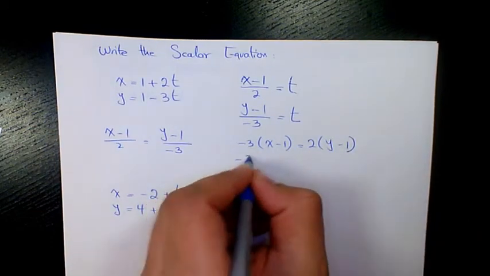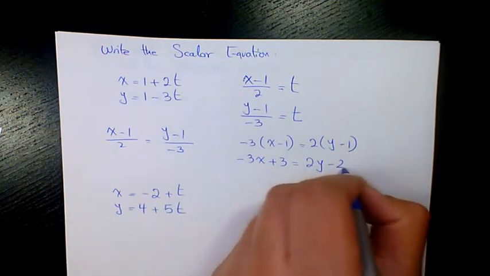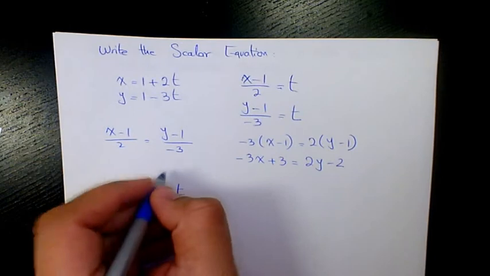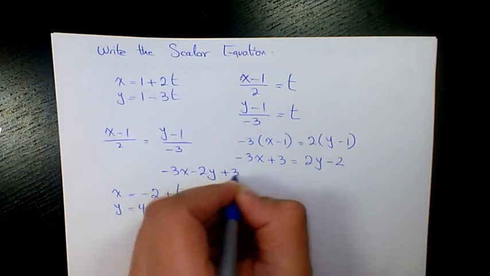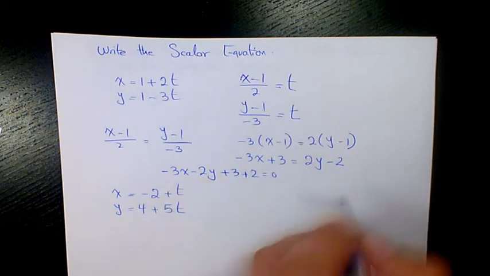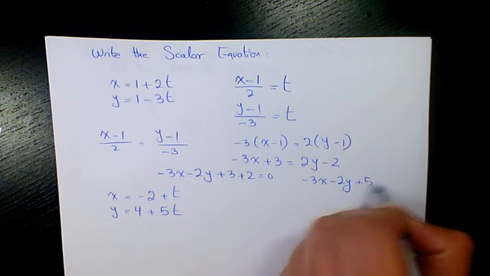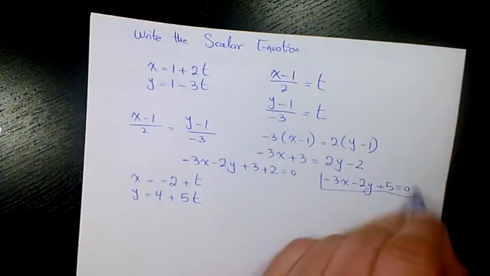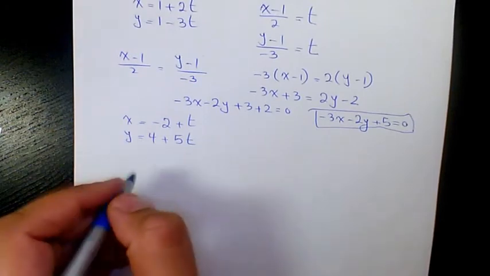So it's going to be -3x + 3 = 2y - 2. So we take everything on the left hand side. We have -3x - 2y + 3 + 2 = 0. It's going to be -3x - 2y + 5 = 0. That's the scalar equation.